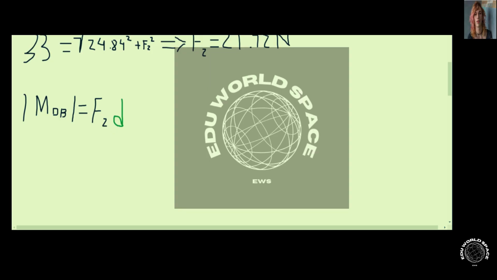So the magnitude of the moment was 9.504, and the perpendicular component of the force vector was 21.72, and then times the distance that we're solving for.